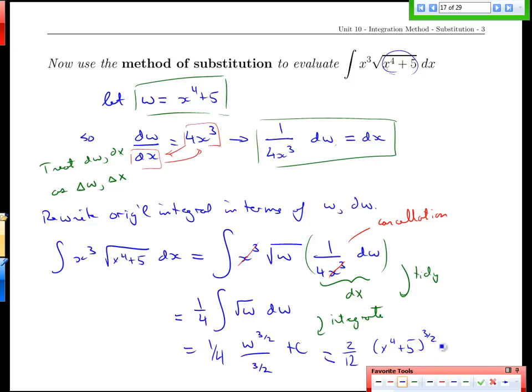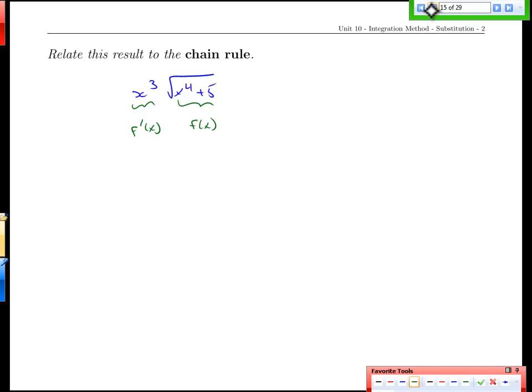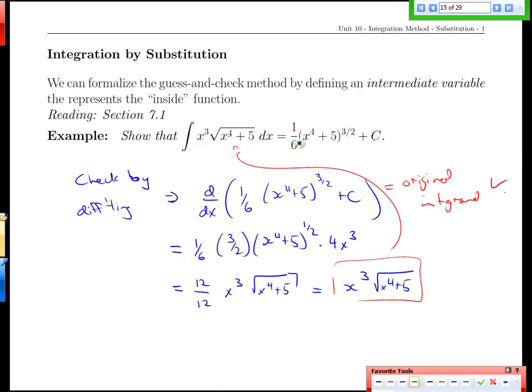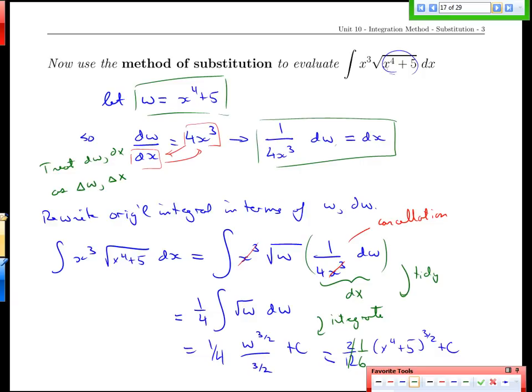The plus c doesn't change. And actually, that's just 1/6. If we look back a page, that's exactly what the correct answer is: 1/6 (x to the 4 plus 5) to the 3/2 plus a constant. So this has given us a method, a strategy, a systematic approach to find the antiderivative of a complicated integral like this.